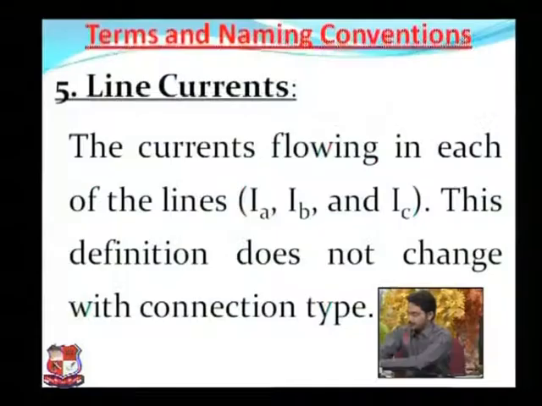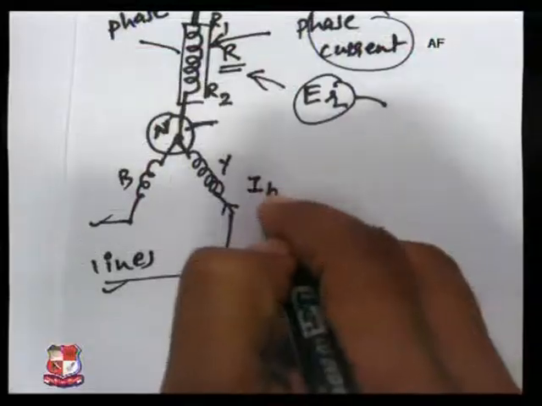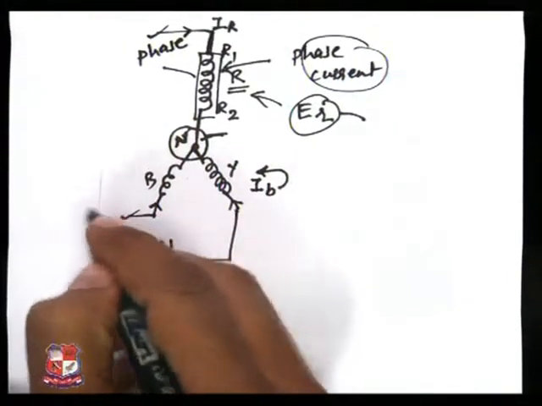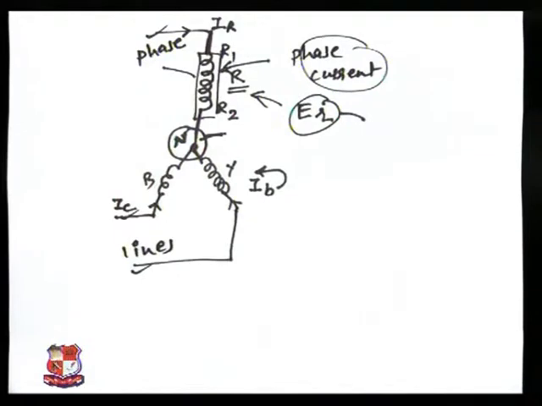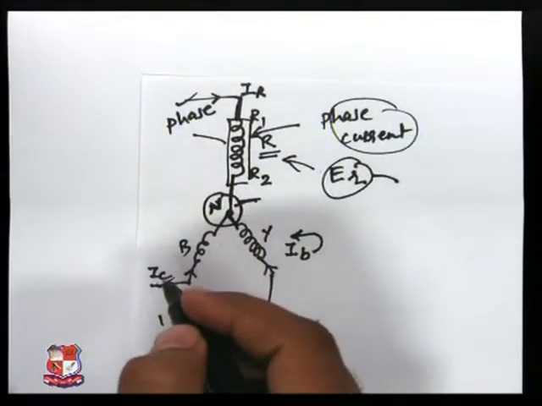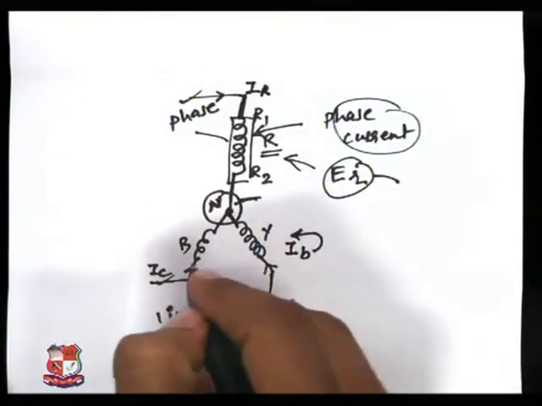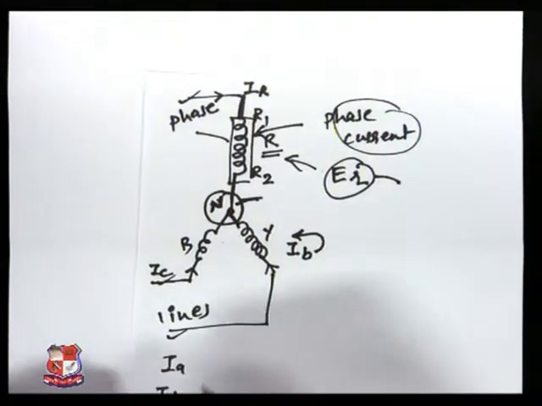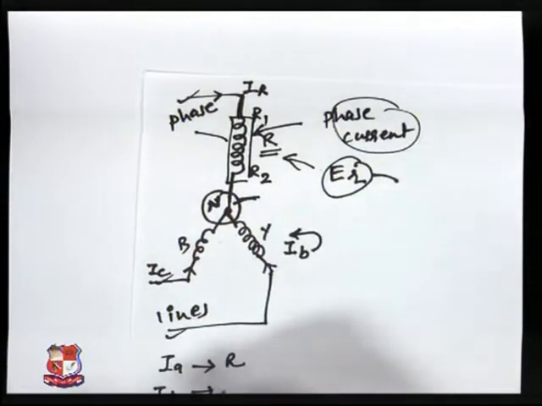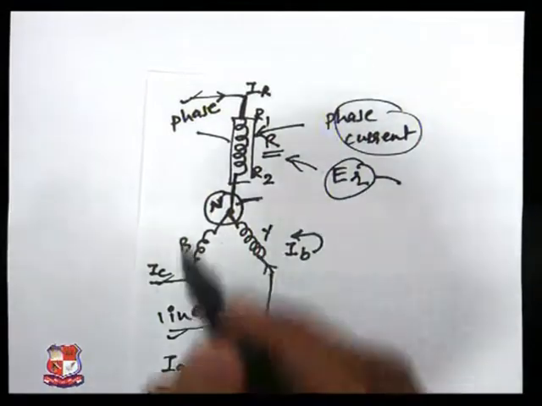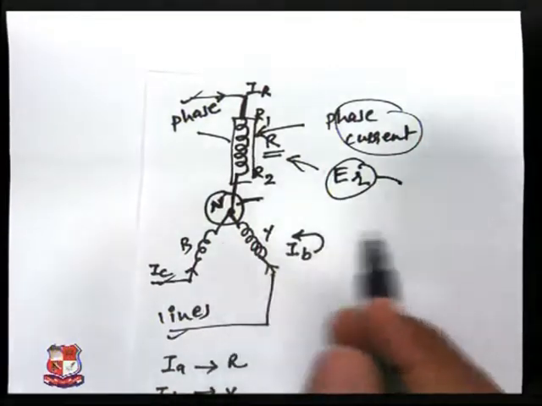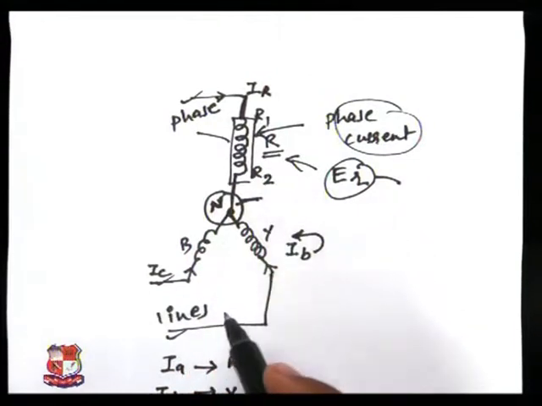For phase Y, the current passing from the source to phase Y is called IY. And if from the source side the current flowing is IB, then it is flowing in phase B. So these are the three line currents, IR, IY and IB. The currents passing through the lines are known as the line currents, and the currents flowing in the phases are known as the phase currents.